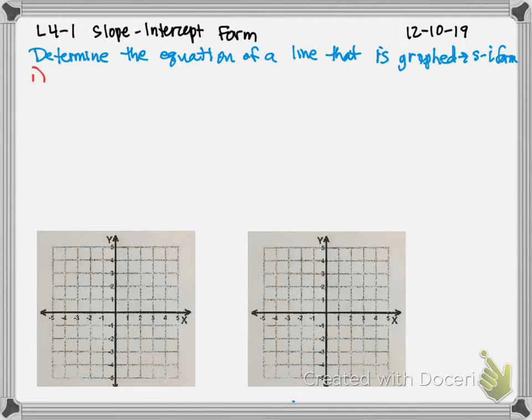So first thing, we need to identify 2 key points on the graph. So the first key point is going to be the y-intercept.